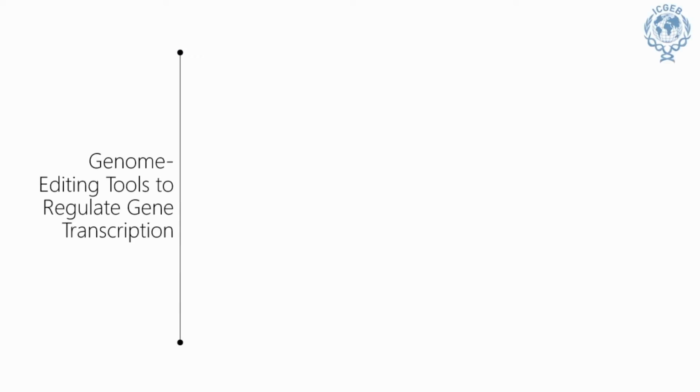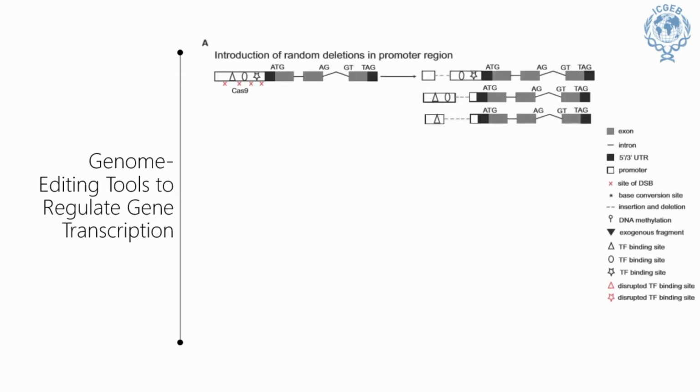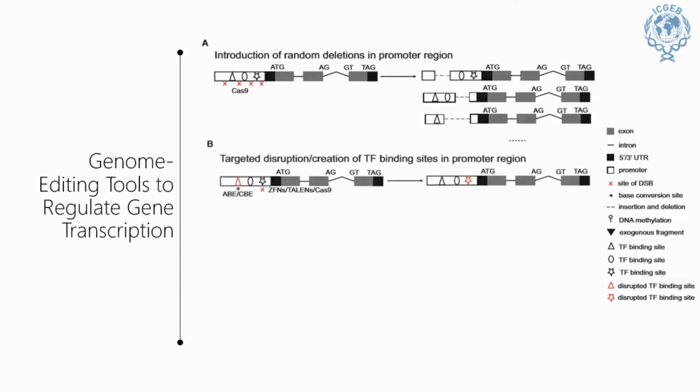Genome editing can also be achieved through tools to regulate gene transcription via methods like generating random deletions in promoter regions, which can create allelic series with varying gene expressions. Secondly, targeted disruption or creation of transcription factor binding sites may cause predictable variations in gene expression.